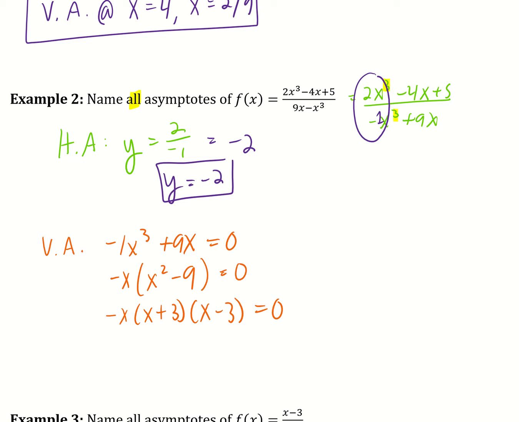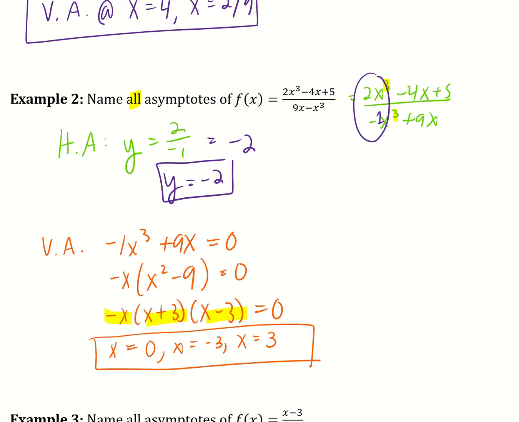So this function has 3 vertical asymptotes, one where each of its factors is equal to 0. You can actually just set it equal to 0 and divide by negative 1. That's where the asymptote x equals 0 comes from.